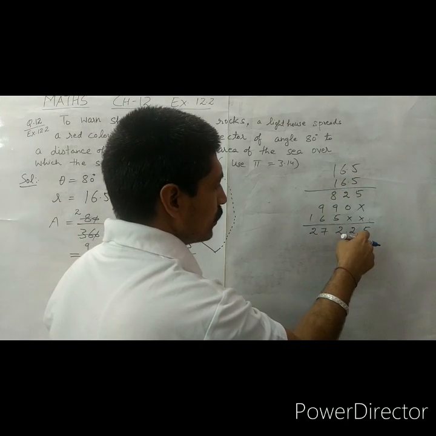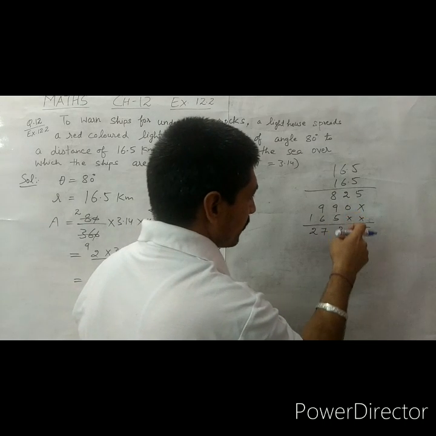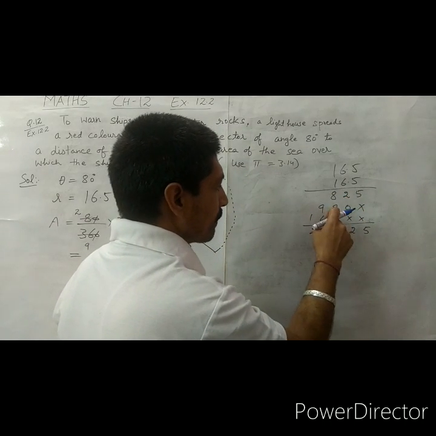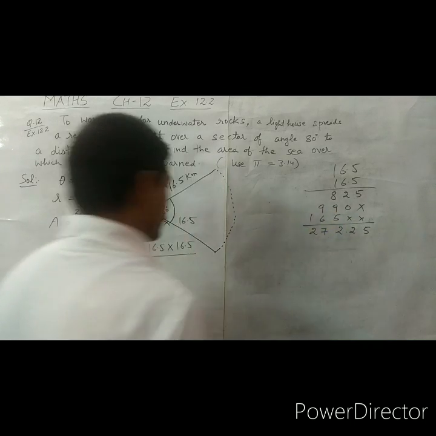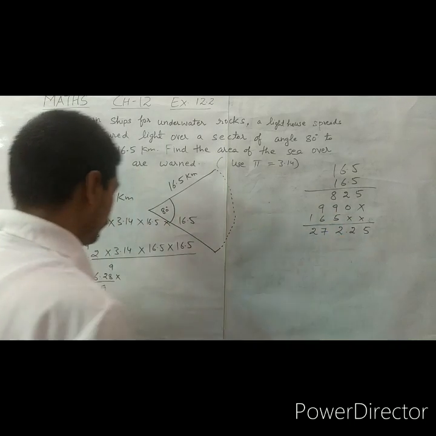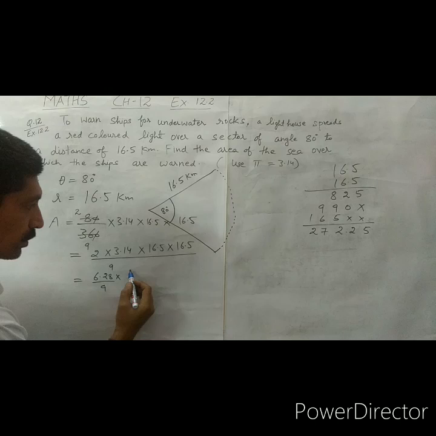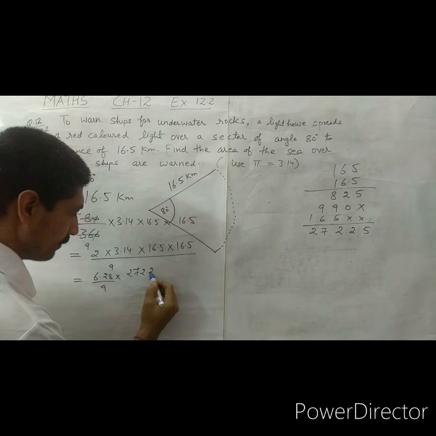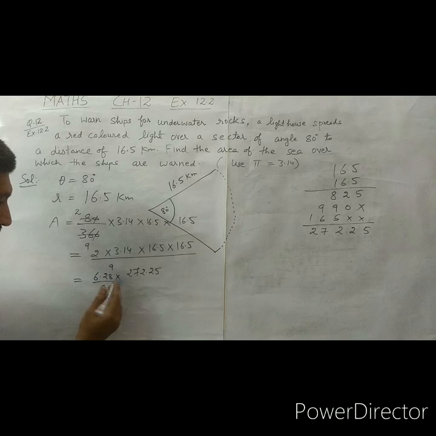So 5 2, and here we have 22, 2 carry, so 17. So this is 272.25. So here divide with 9. 9 ones are 9.